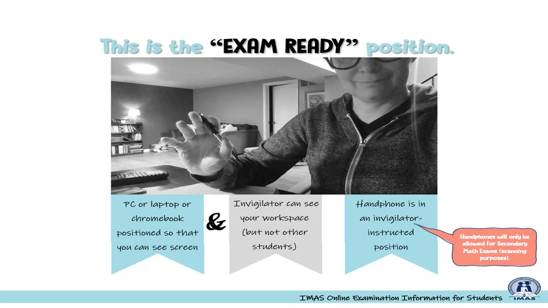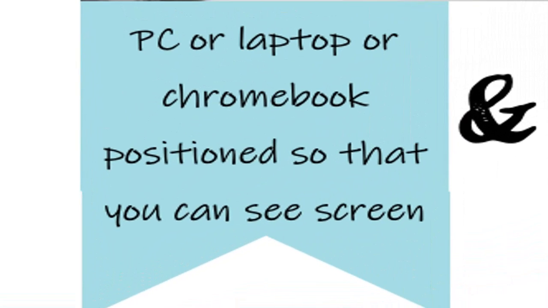In order for the auto proctor software to work properly and for your invigilator to monitor you well, you need all the time to be in the exam ready mode. Here we will be talking about what you need to do in order to maintain this position. First of all, you need to have your PC or laptop or Chromebook positioned so that you can see the screen.